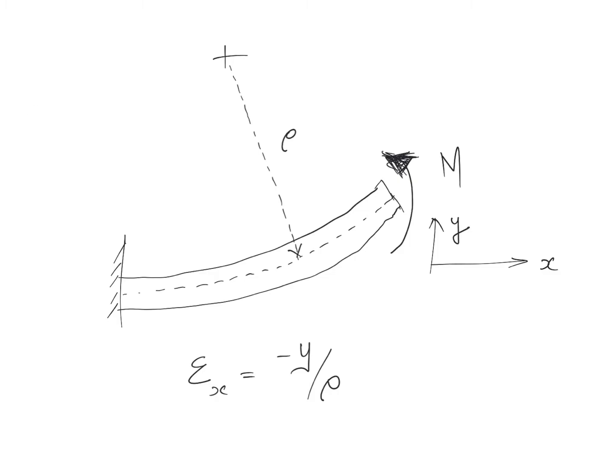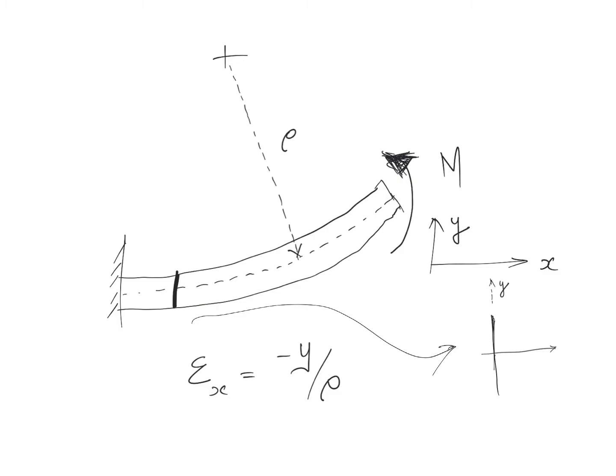So what I'm trying to do is take a section somewhere over here. I will draw it in detail. This is the section of our interest. We have our x-axis going like this, and this is the direction along which y is pointing. Now I am trying to answer the question of how axial strains vary across that cross section.